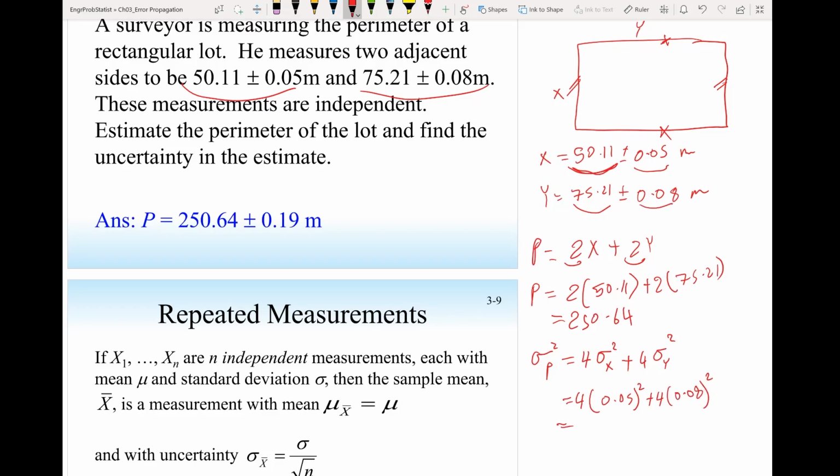If I calculate this, I should get 0.04. To find the standard deviation, or the uncertainty in the perimeter estimate, I take the square root, and this should give you 0.19 meter. So you write the perimeter is 250.64 plus minus 0.19, the standard deviation of the perimeter.